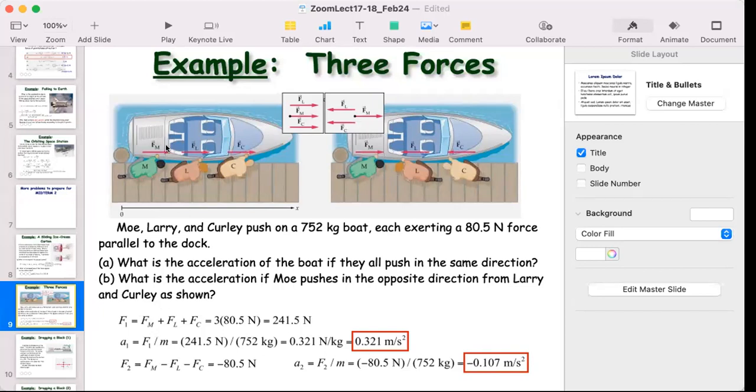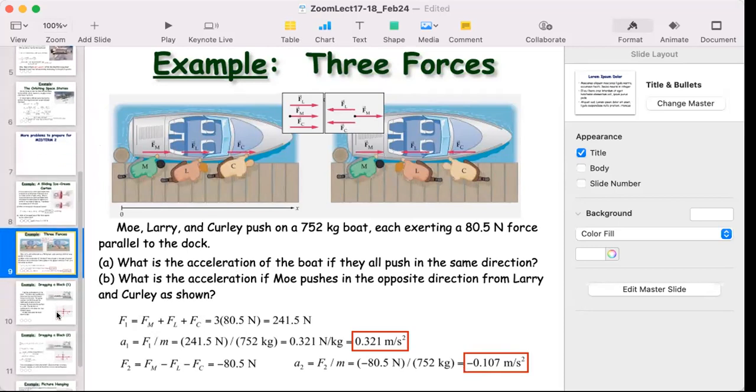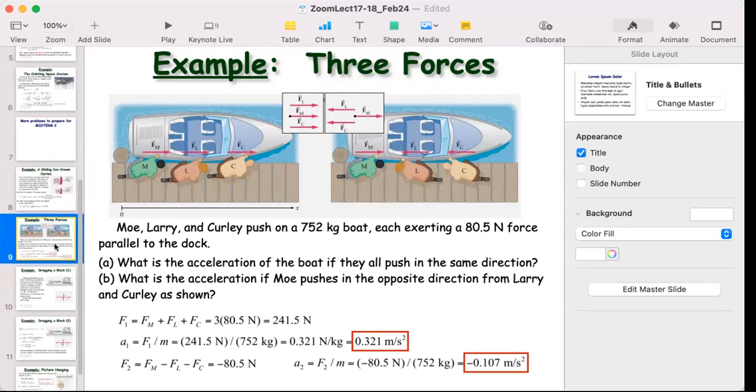At first you would think that Mo is going in the negative direction, but after you see the drawing, and you need to make sure that you see the drawing since it says as shown, you see that in reality Mo is pushing in this direction and the two in the opposite direction. So here you really have a negative acceleration, okay? Any questions on this? Those are typical problems that you might find in the midterm.